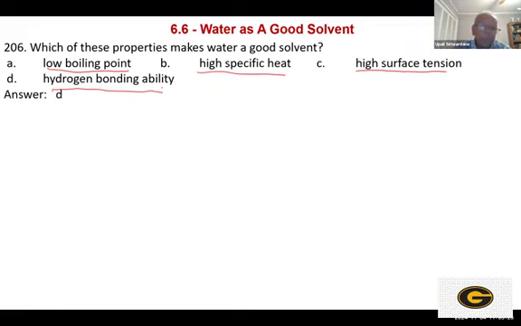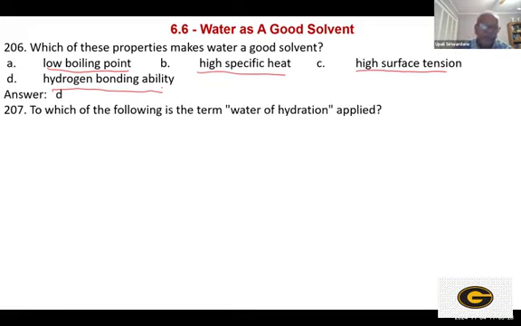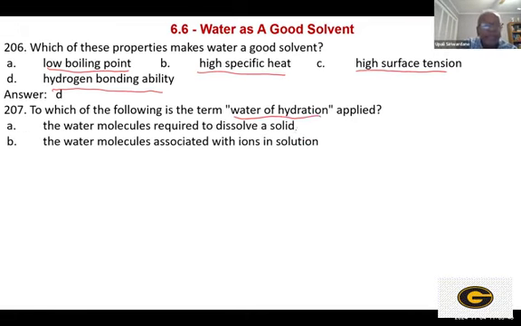Hydrogen bonding. Which of the following is a term water hydration applies to? This is the water molecule required to dissolve. Hydration is surrounding water.